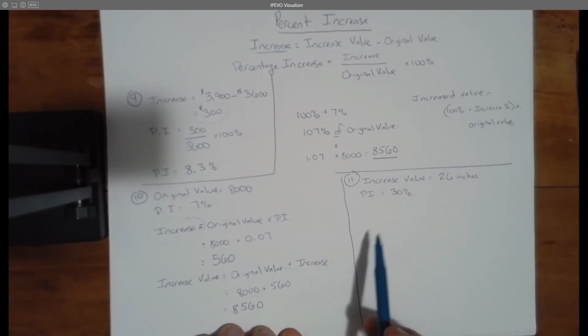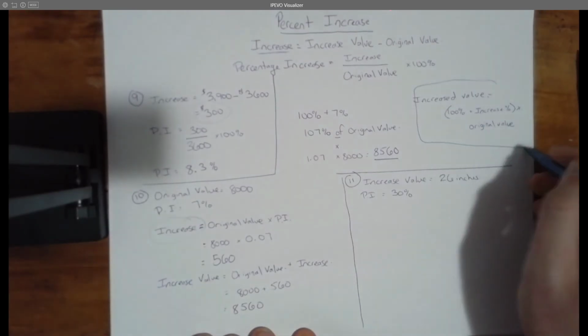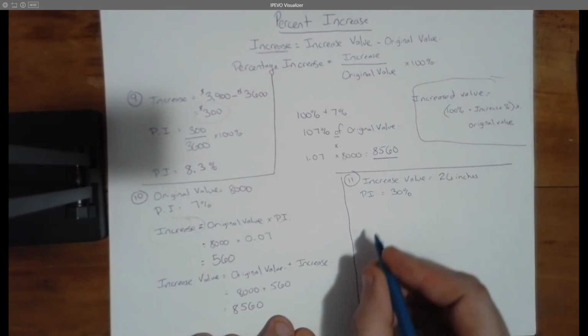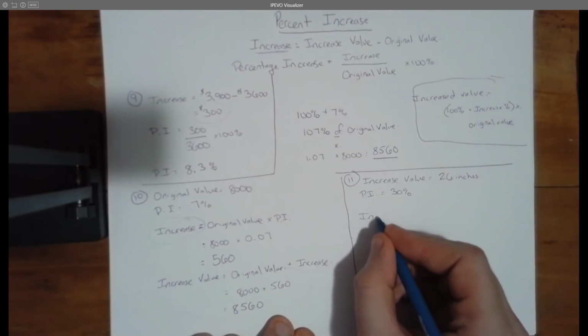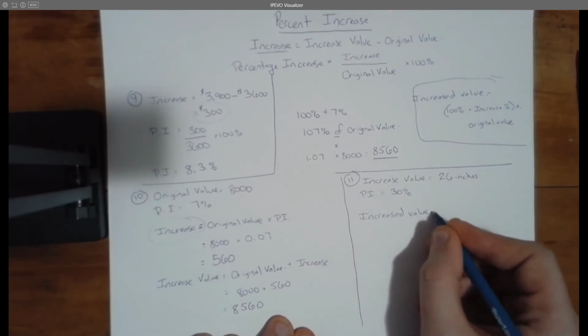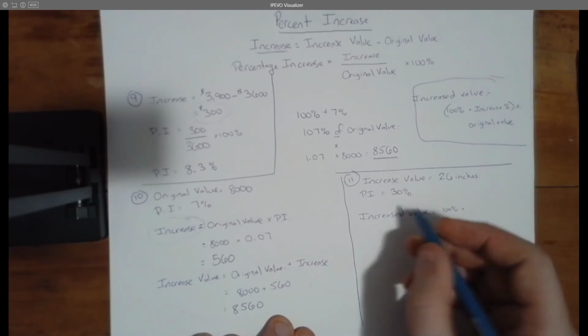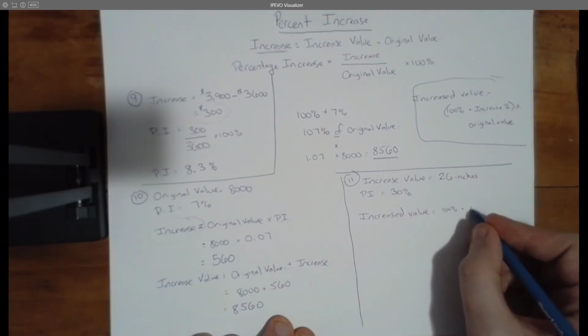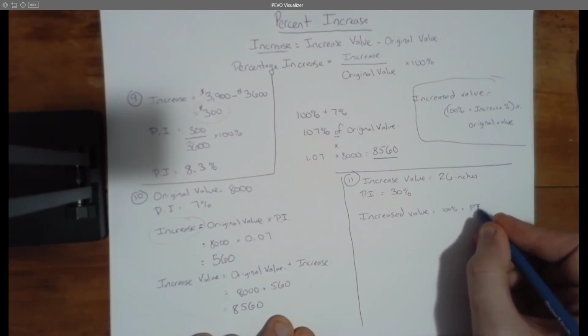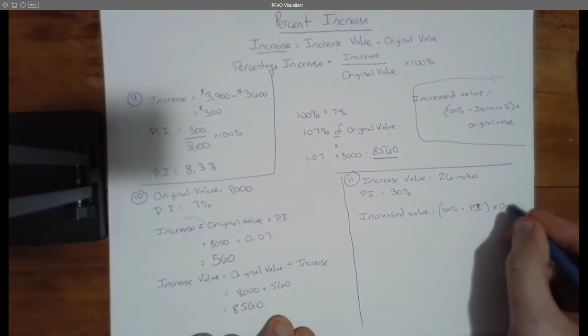We're going to use actually the same formula that we just created, and we're going to have to rearrange some things. We start with increased value equals 100% plus the percent increase, I'm just going to put PI for short, times the original.